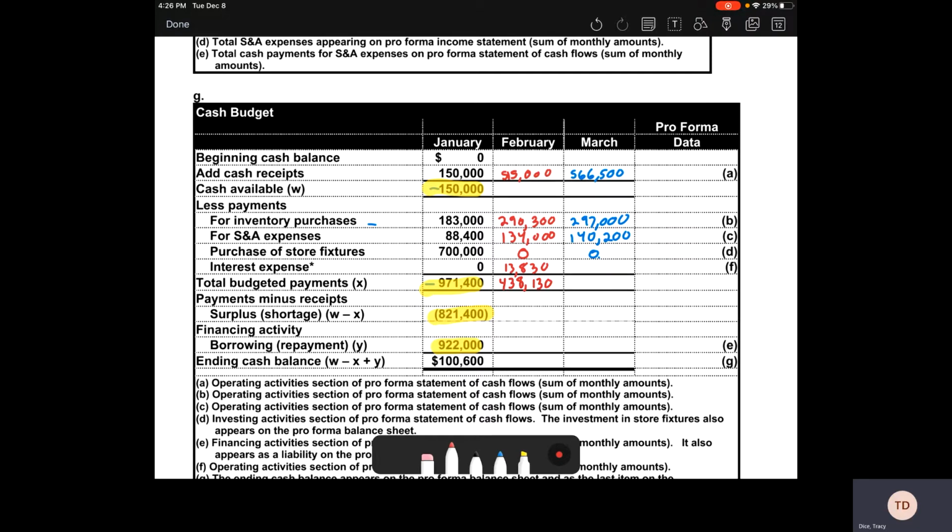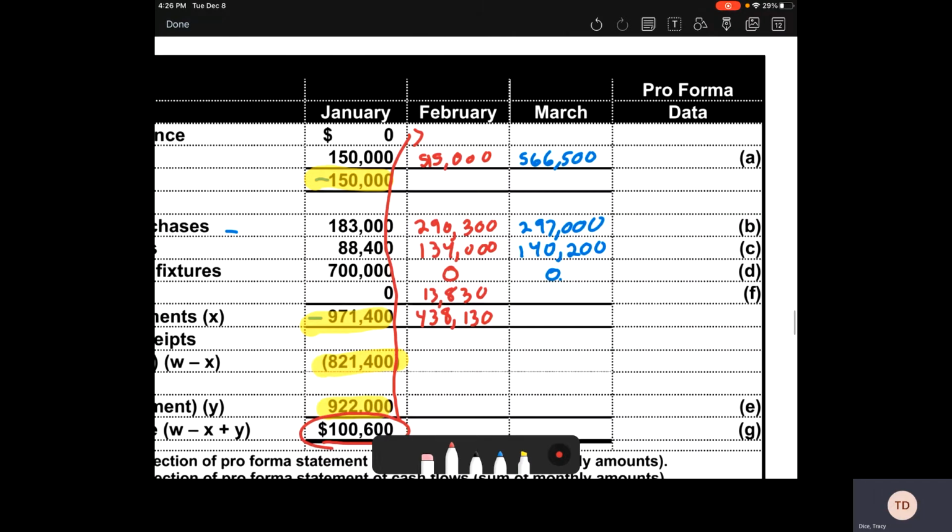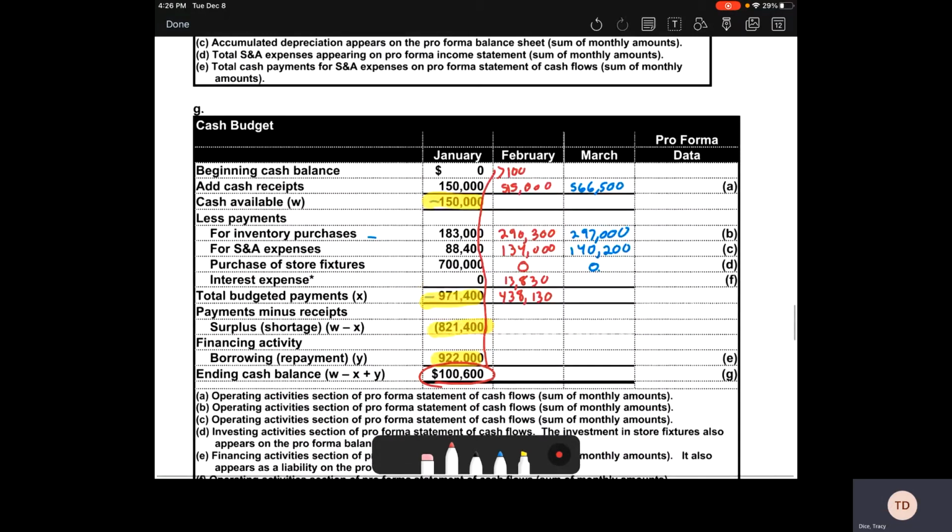So let's come back and let's finish our beginning cash balance. We know that we ended with $100,600 in January. So we're going to put that at the beginning of February. That got really big. So 100,600. Add that to our 515, and we get a total of $615,600.